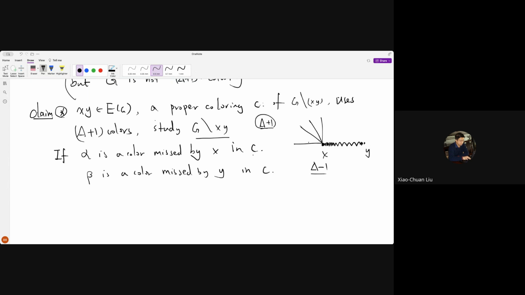So in this coloring C, probably you use 1, 2, 3, 4. X must miss some color. Some colors are not used for X.